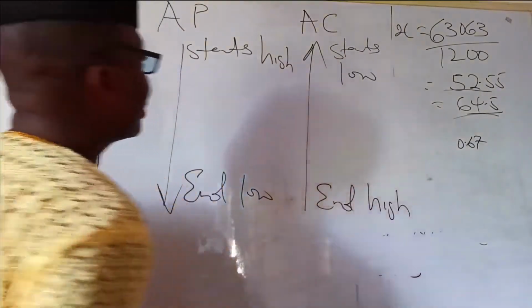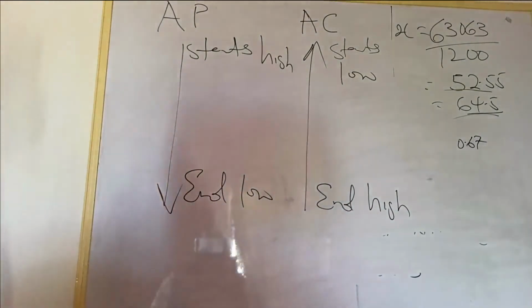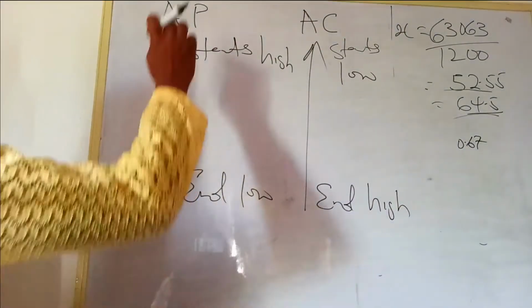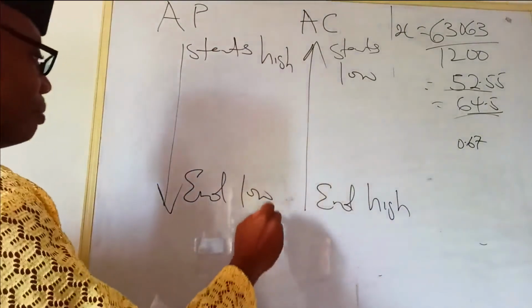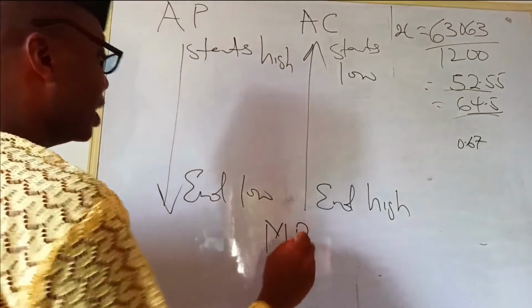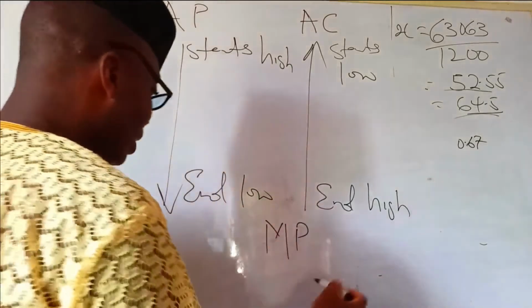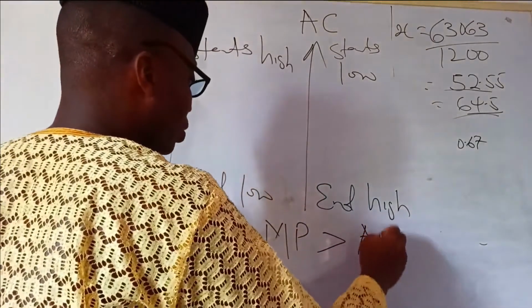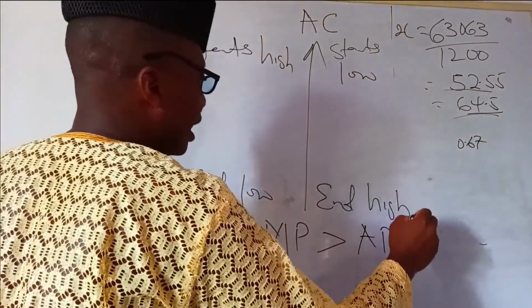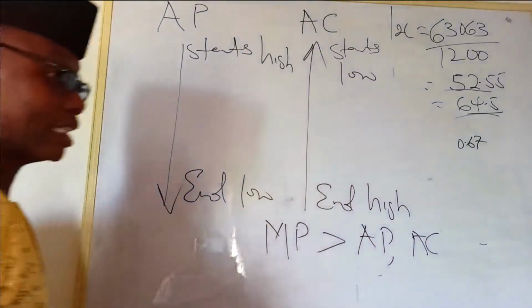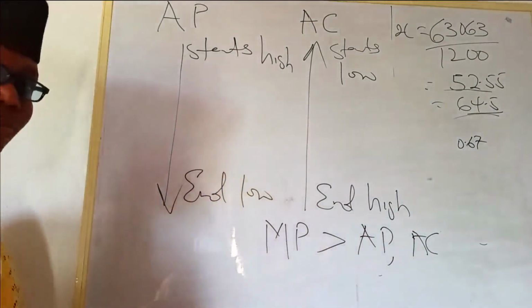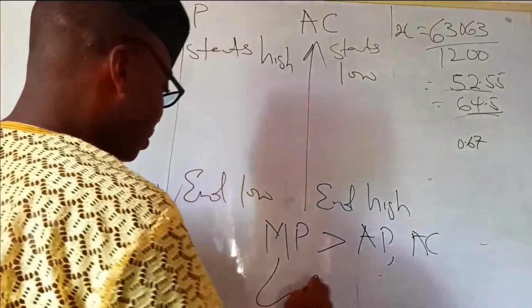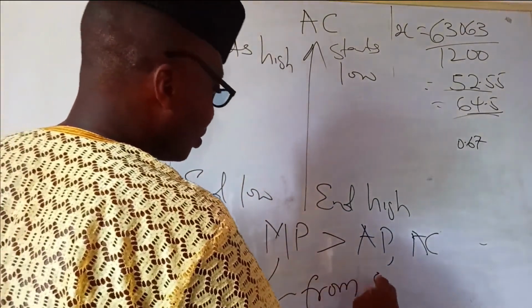That's the difference between them. Now, whether you talk of this or this, marginal product is always, from the onset, greater than average product and average cost. Always greater than average cost from the start.